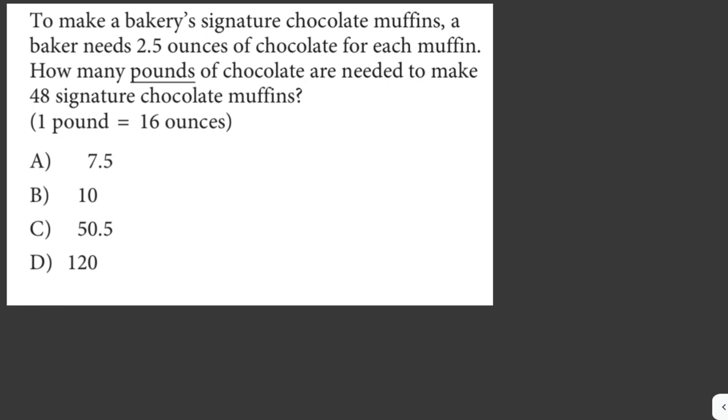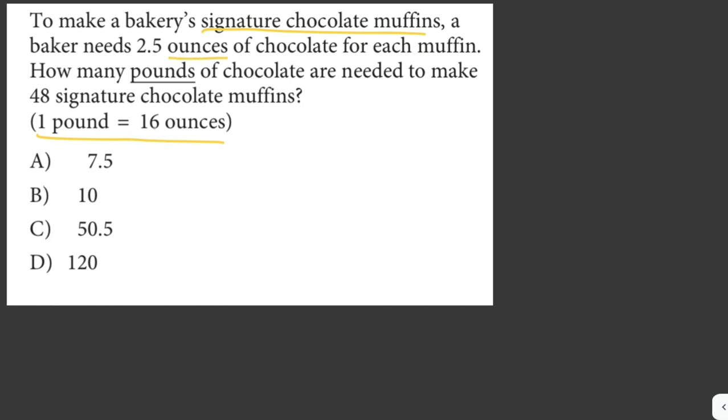To make a bakery's signature chocolate muffins, a baker needs 2.5 ounces of chocolate for each muffin. How many pounds of chocolate are needed to make 48 signature chocolate muffins? And it says here 1 pound is equivalent to 16 ounces. So let's solve for the signature chocolate muffins in ounces first.